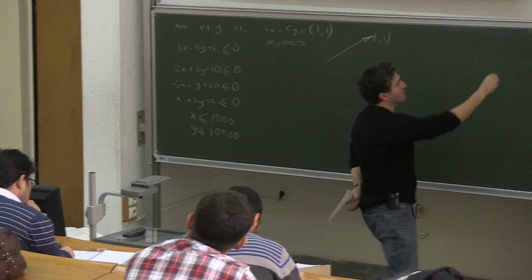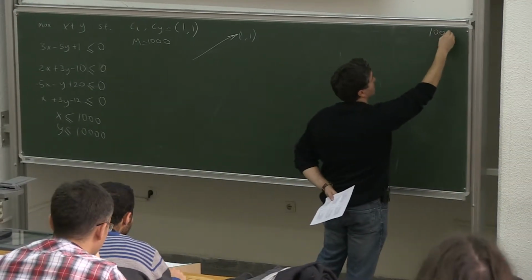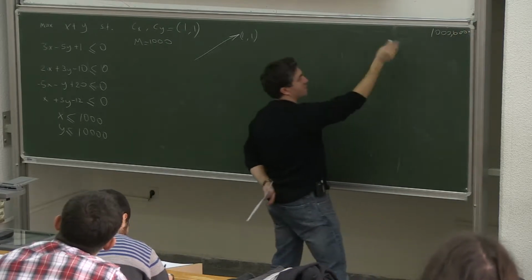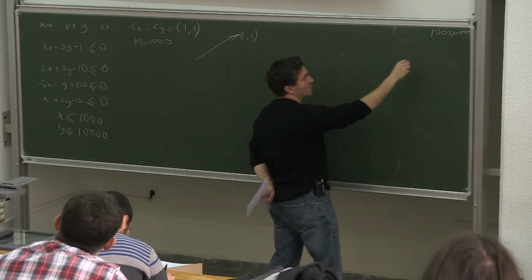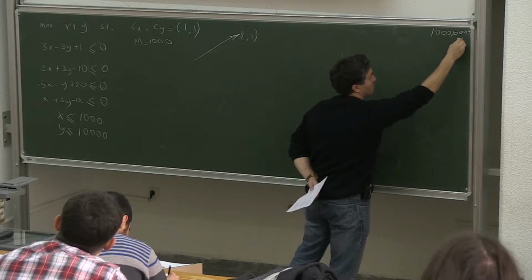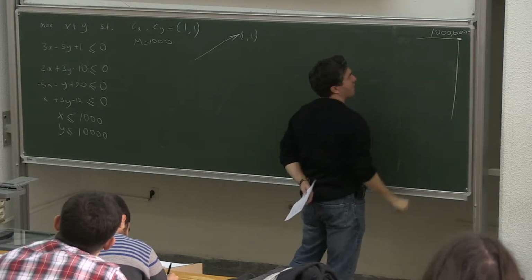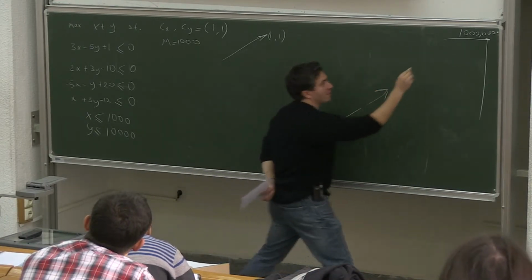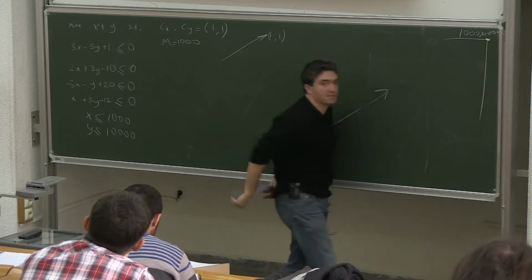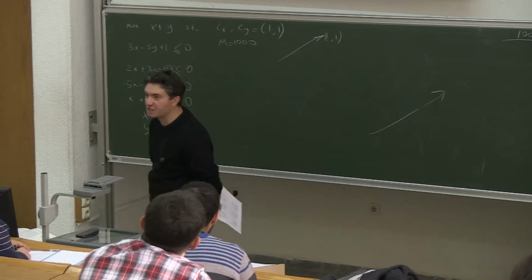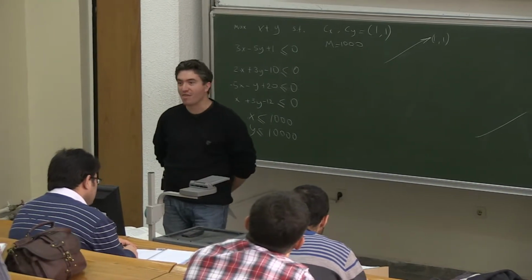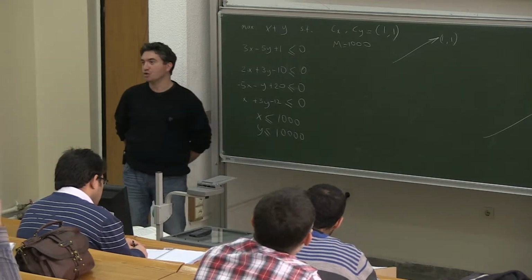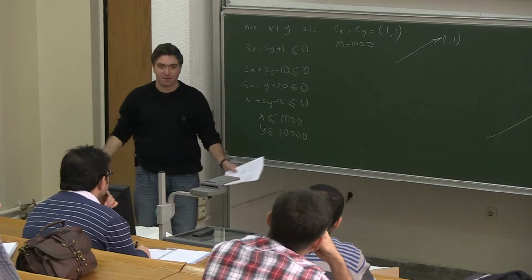If this is the coordinate 1000, 1000, that corner of this blackboard, as we're increasing in this direction, x plus y is going to be maximum at this point, 1000, 1000. So if you don't have any other constraints, the solution of this problem is 1000, 1000.